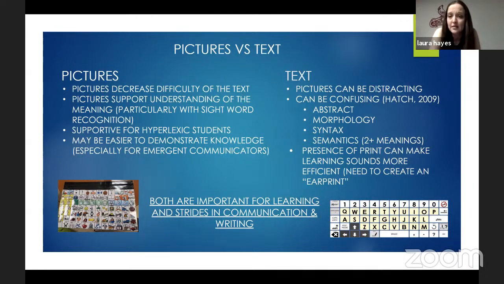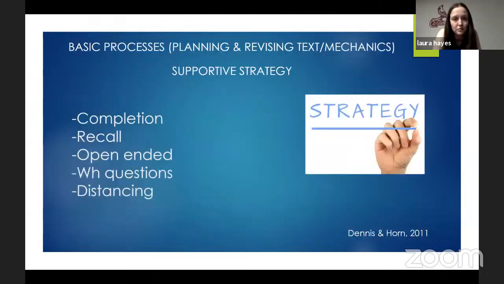I will create that activity for pictures and picture-supported. But if I'm trying to instill writing techniques and text support, then I will go towards learning graphemes and the text itself without picture support. Both are important for learning and making communication and writing strides. So it's a little bit of a dance, but know that both are important.